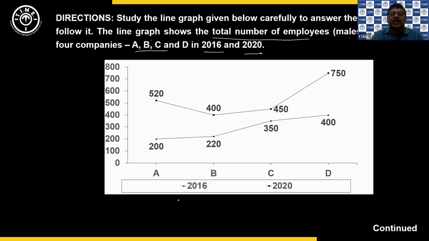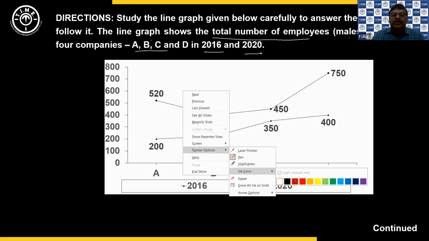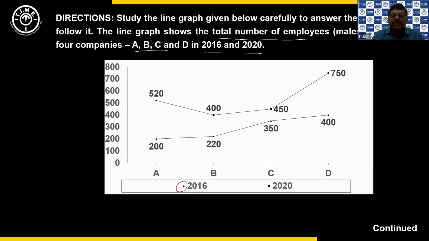Let me change the color once. You can see this particular triangle shape is 2016. This is 2016 data, and the one that is connected by the squares is 2020. This line is about 2020 data, right?